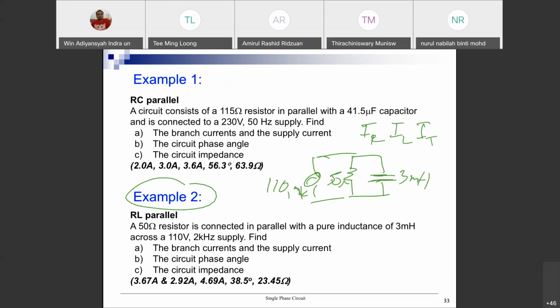Okay. So IR, look here, because it's parallel, the voltage will be equal everywhere. So IR equal to V over R. V is 110, R is 50, right? So this one is 2.5.